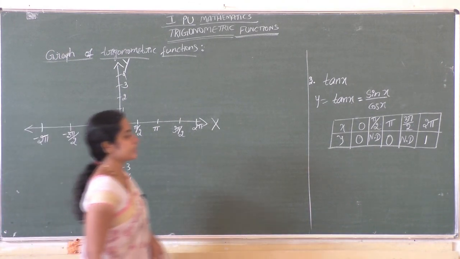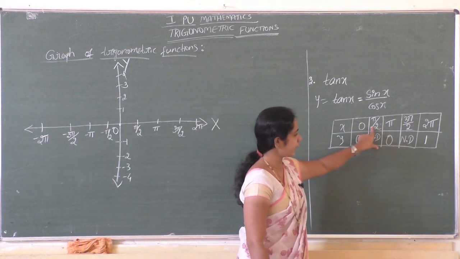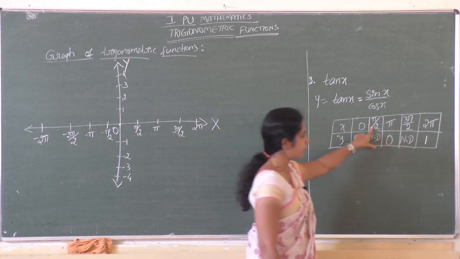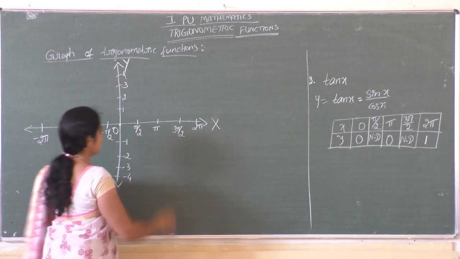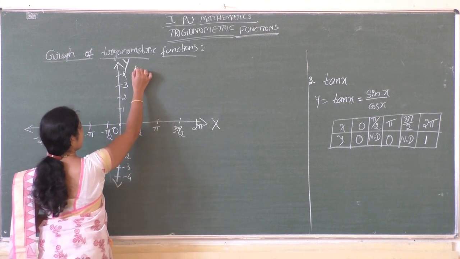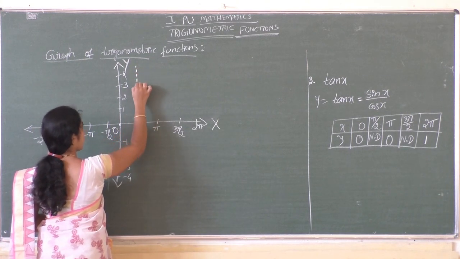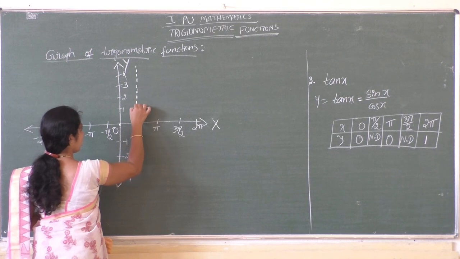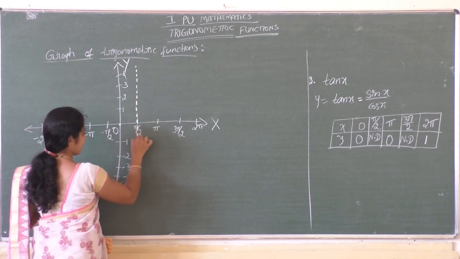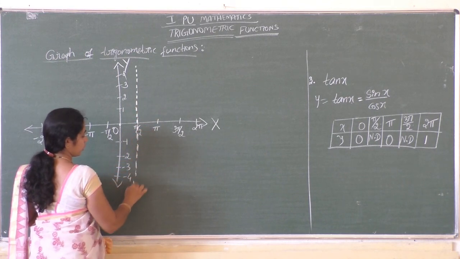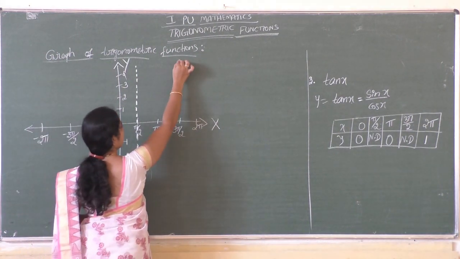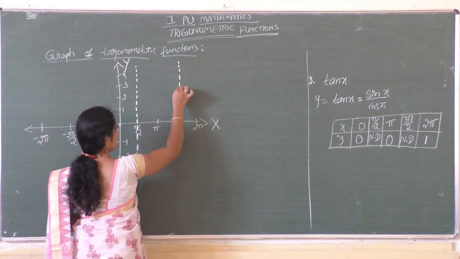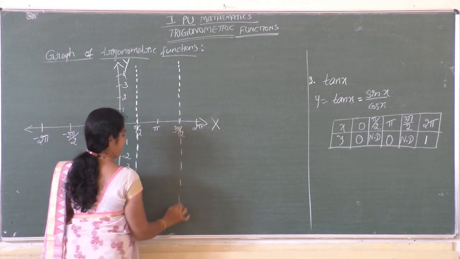Just see that first. Tan pi by 2 is not defined, tan 3 pi by 2 is not defined. So for pi by 2, put a dotted line because for this value the function is not defined. One more at 3 pi by 2; here also the function is not defined.